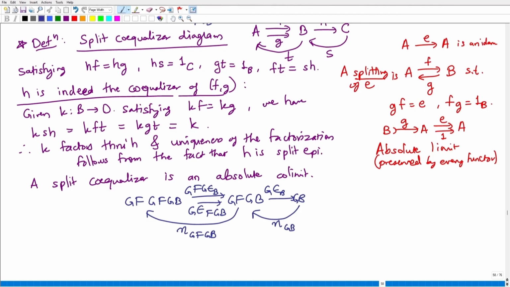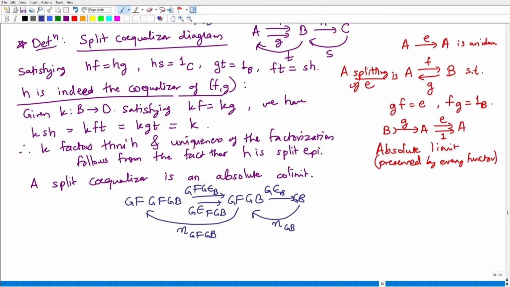Then this outer rectangle, from GFGB to GFGB, two different ways, that will commute because eta is a natural transformation, and I think no, epsilon is a natural transformation. Wait, why does the outer diagram commute? Somehow we are using a triangle.